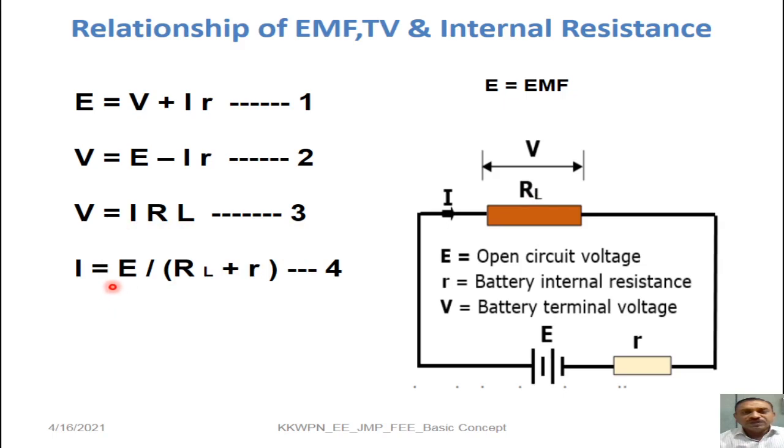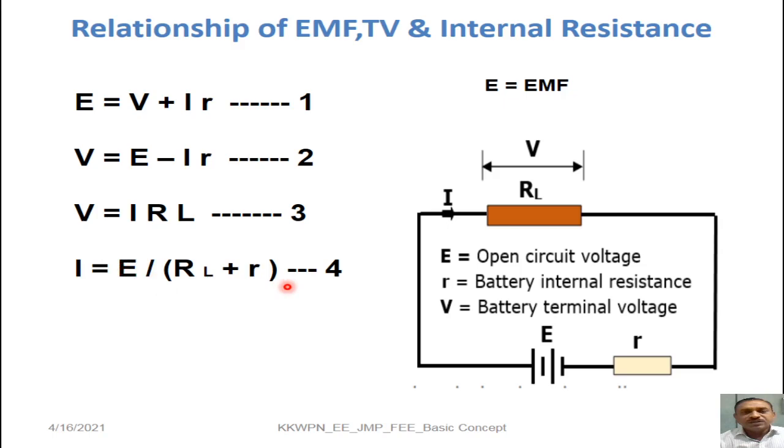The fourth equation tells how much current this battery is going to supply to a load resistance of RL if its internal resistance is small, and that is given again from Ohm's law, I is equal to V upon R. Here that voltage is nothing but the electromotive force.